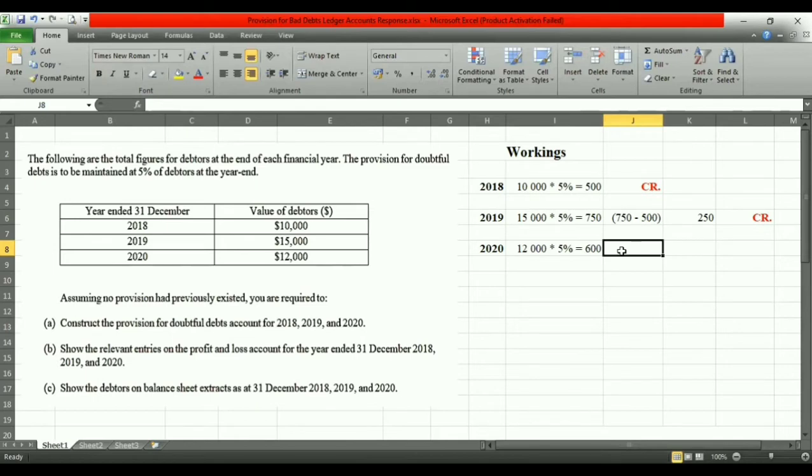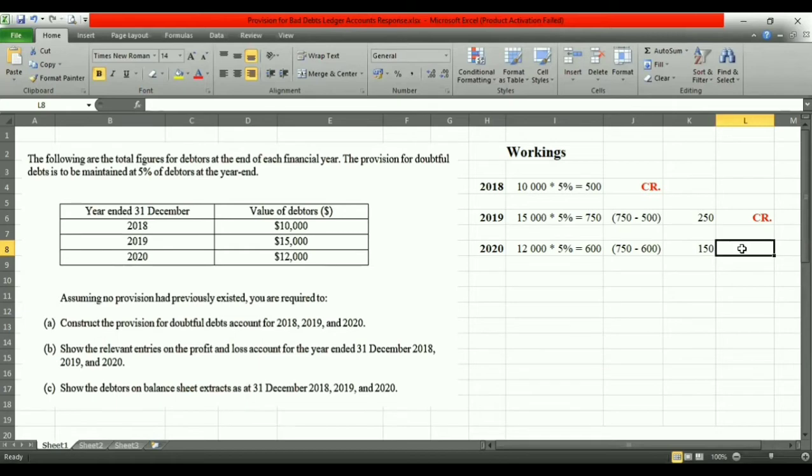To find the value that it decreases by, you find the difference between what it was the year before and what it is this year. And we notice that when we find that difference, it is 150. So we're saying that the provision decreases by 150 for this year.